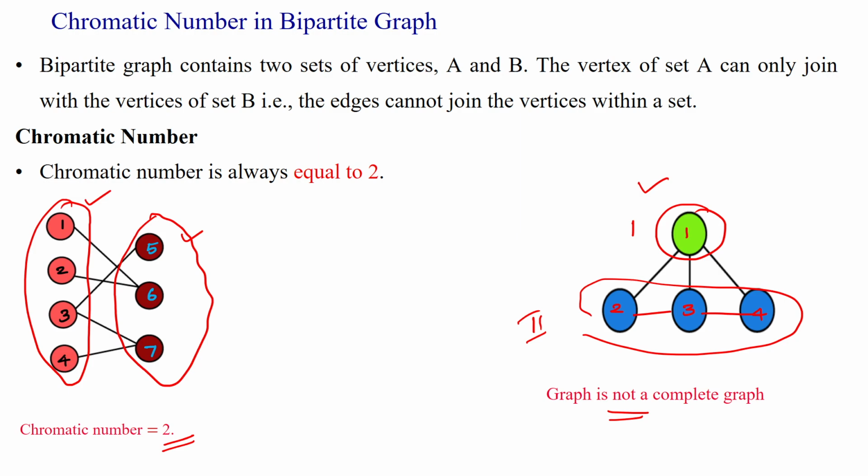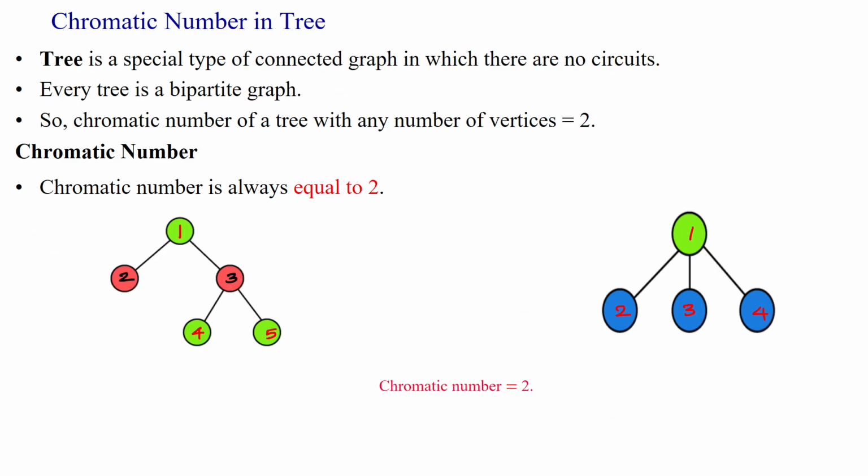So it is not a complete graph. Another special type of graph is the tree. Here there are no cycles in the given graph, and that is called a tree. Every tree is considered a bipartite graph, because when you take a tree there will be a parent and children. Again this child node may have another child.